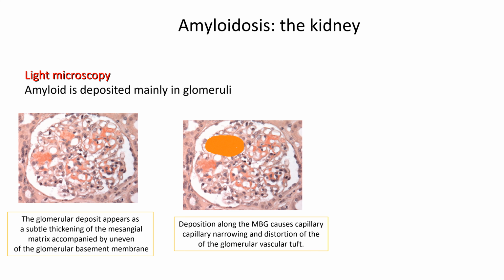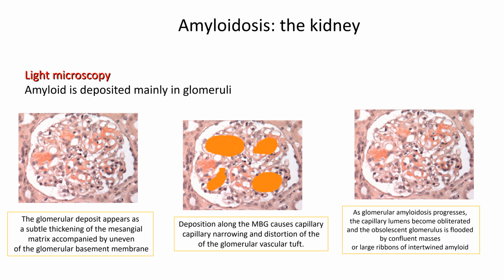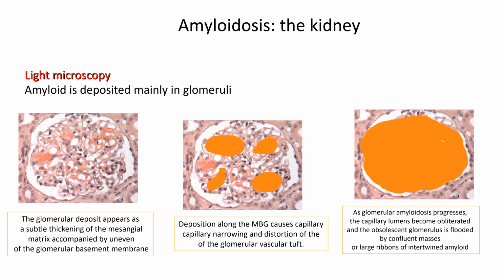Here, deposition along the glomerular membrane causes capillary narrowing and distortion of the glomerular vascular tuft. As glomerular amyloidosis progresses, the capillary lumens become obliterated and the obsolescent glomerulus is flooded by confluent masses of large ribbons of intertwined amyloid.